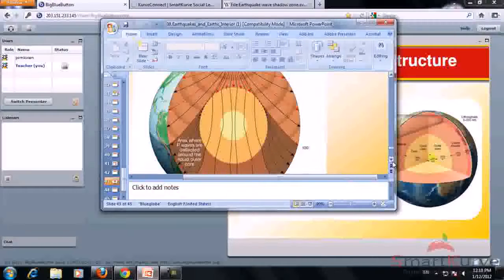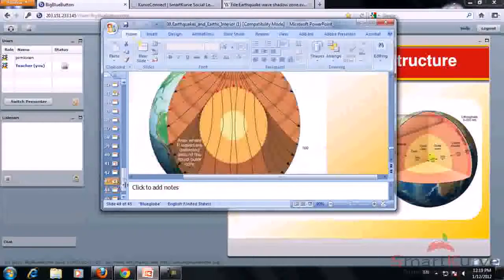We always see this with earthquakes. There are P waves all around the Earth, and then at 105 degrees they stop. Then at 140 degrees they start up again. That's why we think that we have that outer core, that metal area, that's actually deflecting and bending the waves.